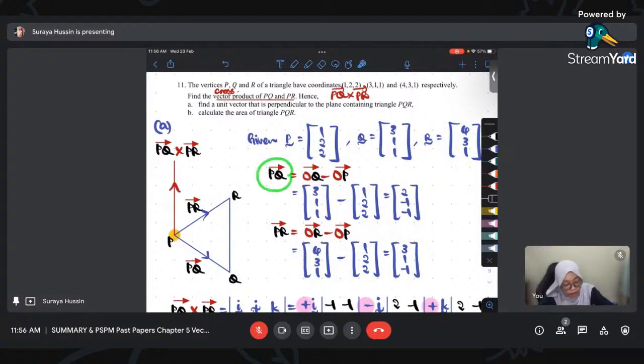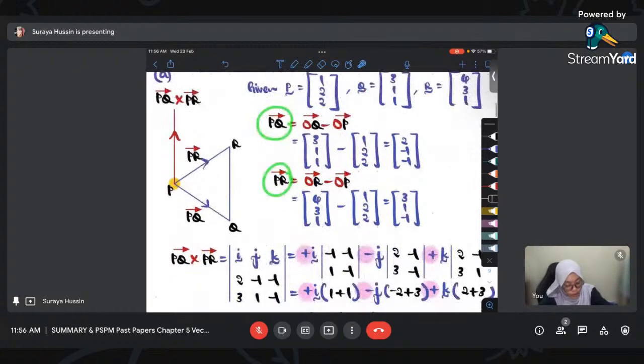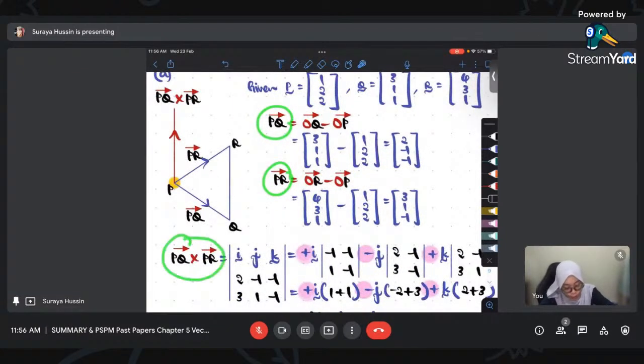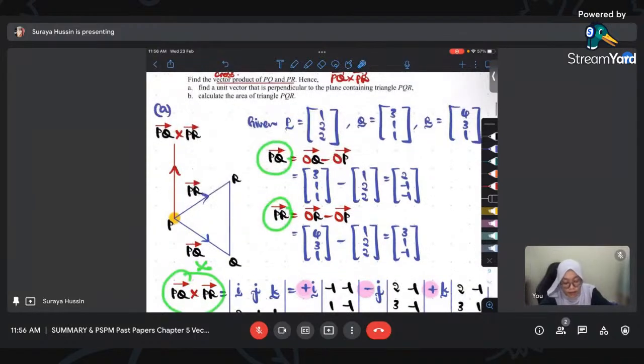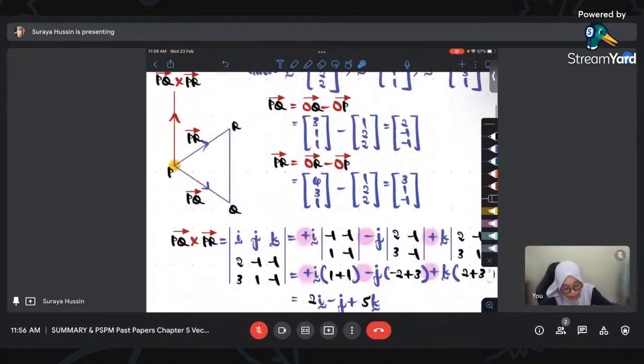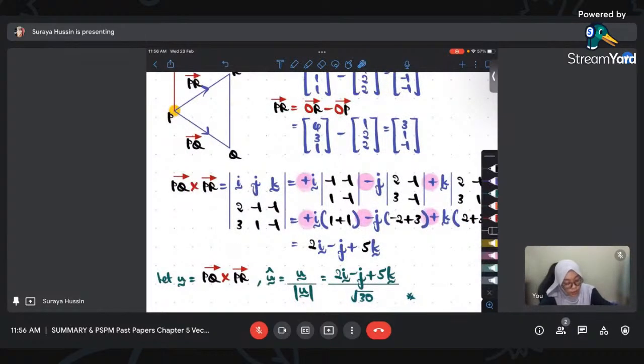After you get both of these vectors, barulah boleh cari vector product yang tadi dia minta. Find the vector product of PQ and PR. So this is the vector product. Vector product bermaksud cross product. Okay, easy, right? Please, you know how to find this already.